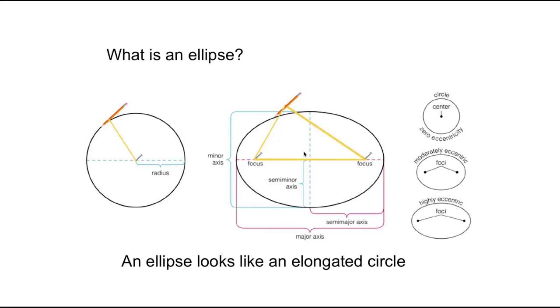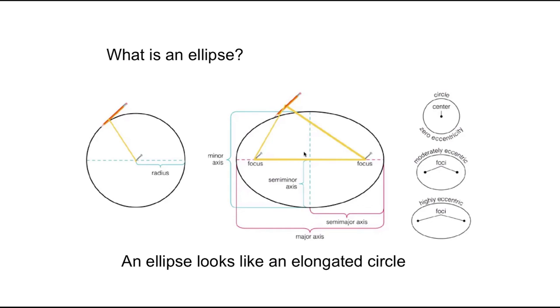And so it's kind of like a fancy circle, except instead of one special preferred point, you've got two special preferred points. And this is the set of points that has the same distance combined between both of those two focus points.